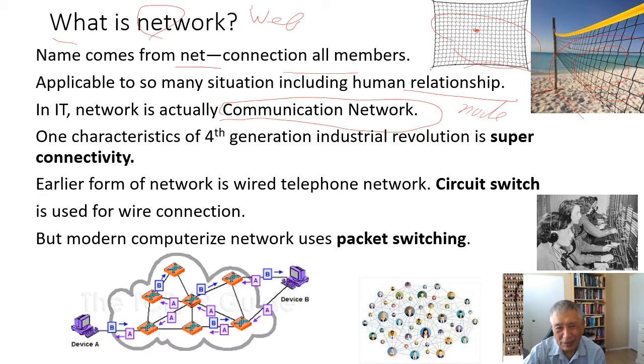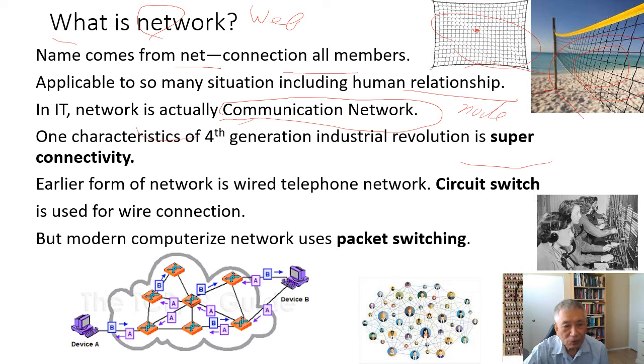Node network means that there are individual computing facilities somehow connected. Then the super connectivity of the fourth generation industrial revolution promotes and mandates the capability of connection on every possible scale and every possible range.